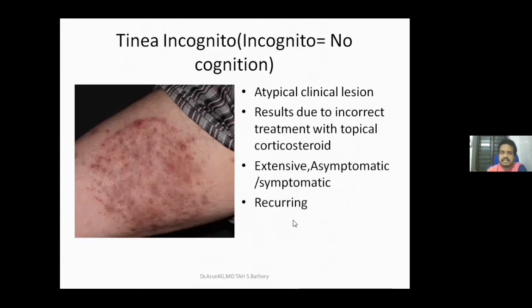In that case sometimes there will not be any lesion, but the complaint is very severe, and most of the time there will be lesions everywhere. The central clearing features will not be there. So extensive, asymptomatic or symptomatic, recurring aggressive complaints will be there.